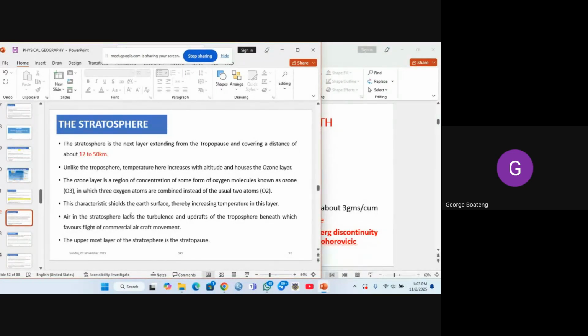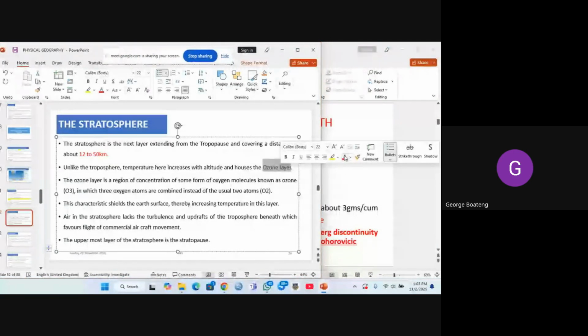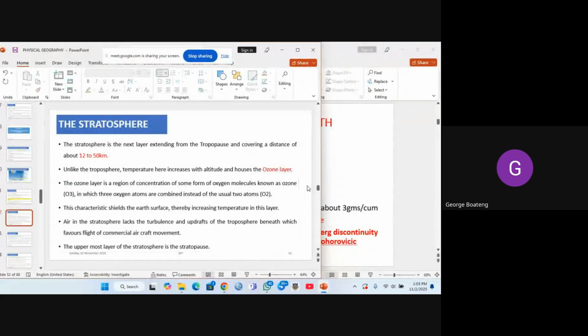So where it ends at 12, up to 50 is the stratosphere. The good thing is that in this stratosphere, there is the ozone layer. And here, unlike in the troposphere, temperature rather increases with height.